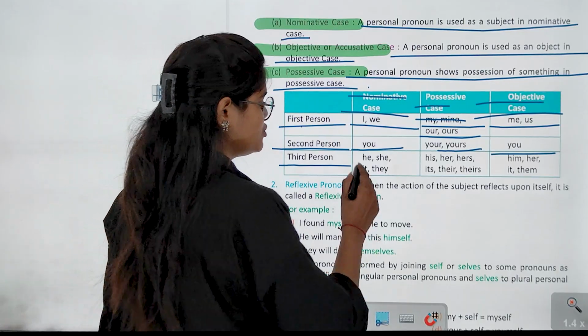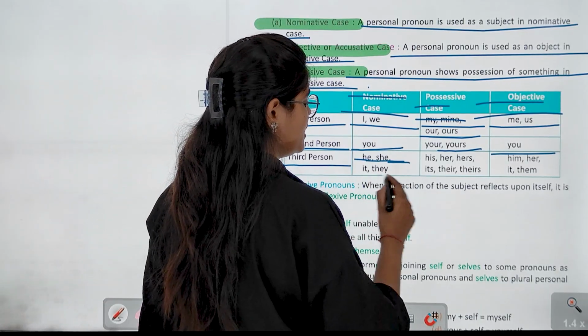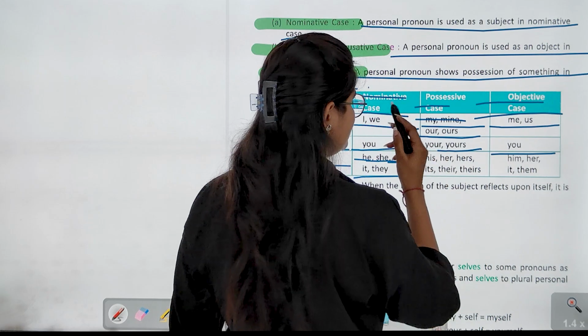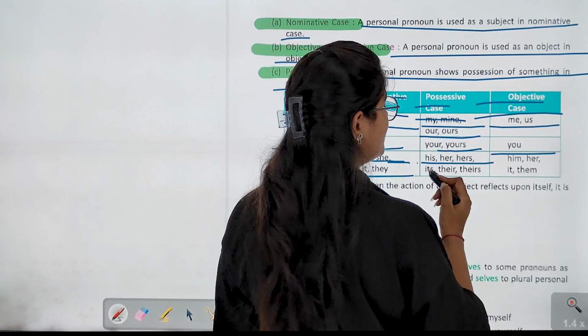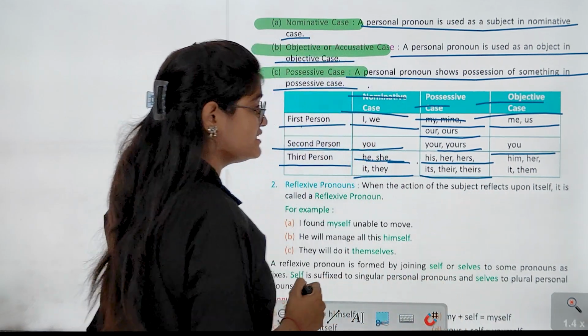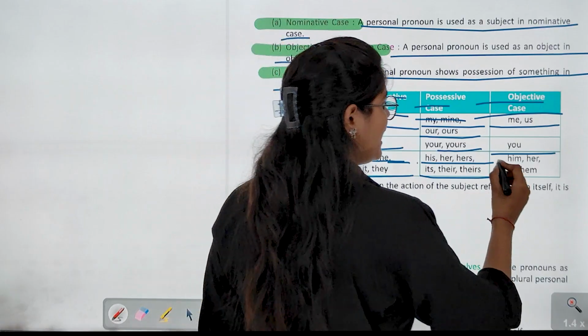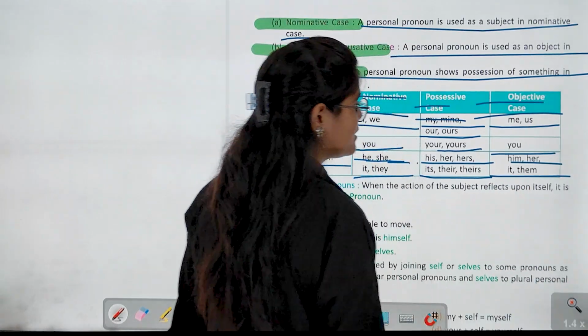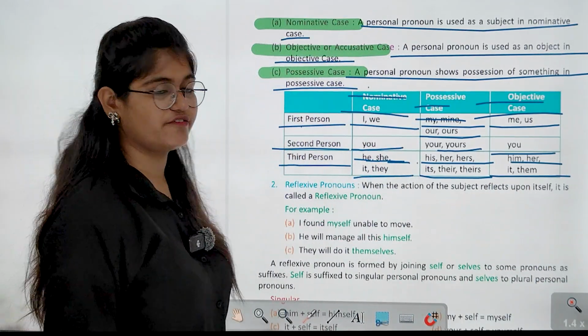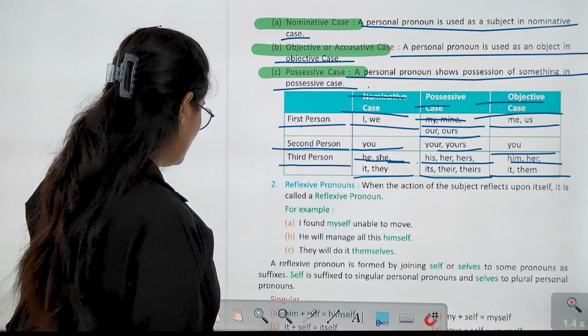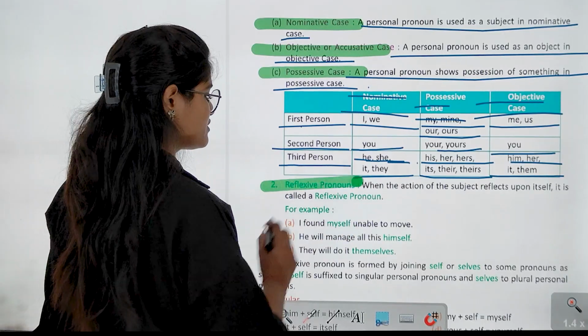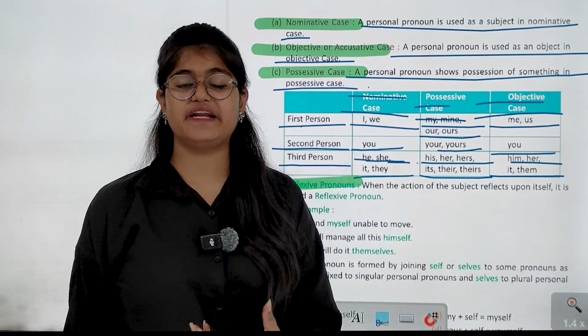After that, he, she, it, they in nominative, his, her, its, their, theirs as possessive and him, her, it, them as objective, right? After that, moving ahead, we have the next kind of pronoun, that is reflexive pronoun.